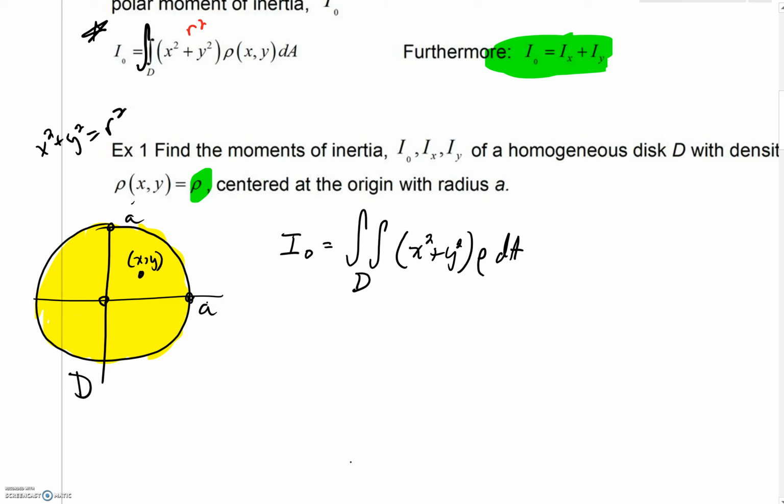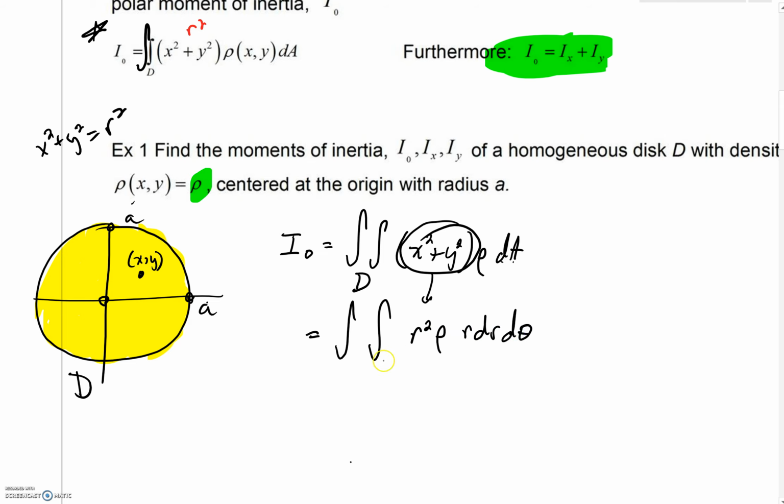That's also a very important link between the polar coordinate system and the rectangular coordinate system. I think it would be a wonderful idea to work this integral out in polars. So let's take our x squared plus y squared and call it r squared. Our dA becomes r dr d theta.